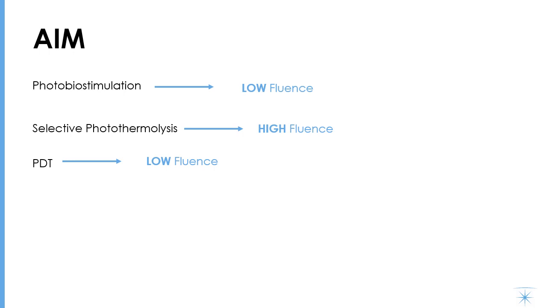In selective photothermolysis, we need high fluence because we need to damage a certain target. So high fluence is going to be required because this is going to achieve the destruction in the tissue we'd like to target. If we are using the laser for photochemical effect or the PDT, photodynamic therapy, then in this case we don't depend on thermal effect, so low fluence will do the job.